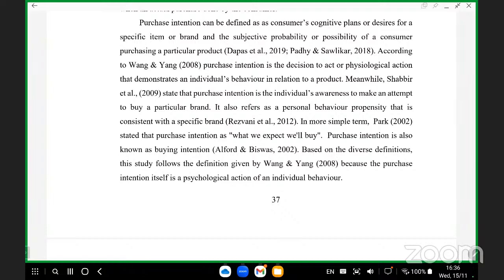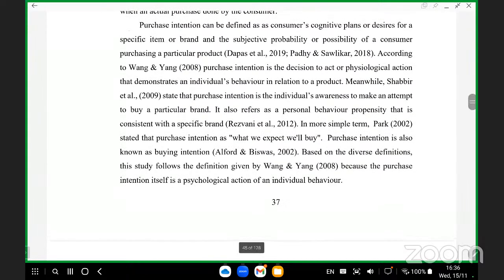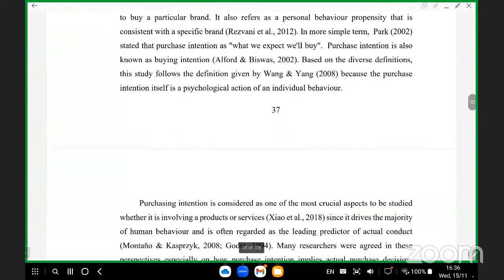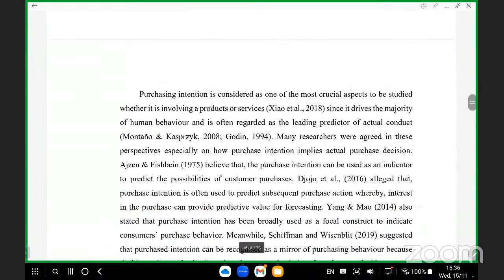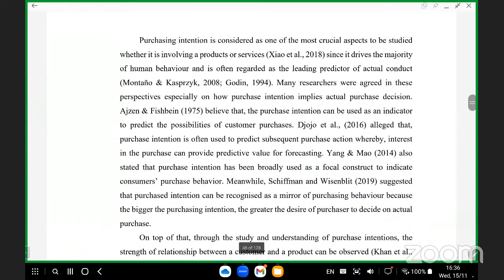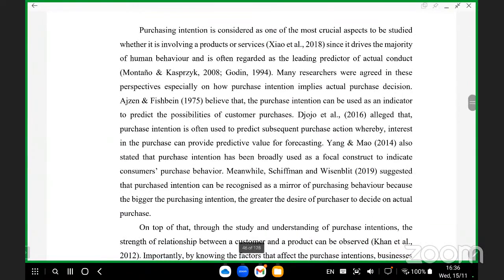Okay, so here banyak ni my student dia letak untuk purchase intention ada around I think 5 or 6, and then dia juga memasukkan sendiri. Nampak ini adalah dia punya, kalau tengok di ayat di sini, is considered as one of the most crucial aspect to be studied, mengikut Xiao et al.